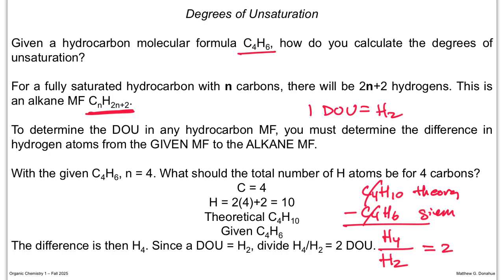But there's a lot of information contained in that, and we can use our imagination to start building things from that, as long as we're following the Lewis dot rules. Meaning you can't draw something with 5 carbons because it doesn't obey the formula. You can't start drawing carbons with 5 bonds because that's not allowed. So C4H6 has 2 degrees of unsaturation.